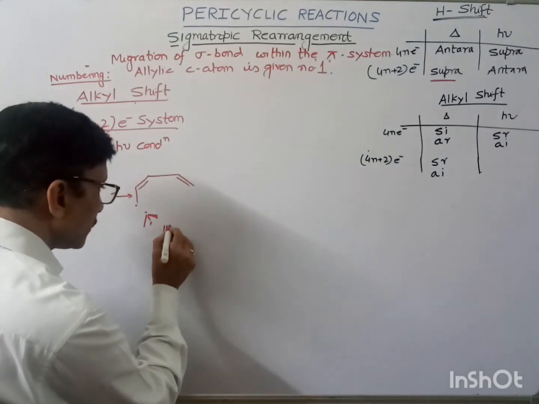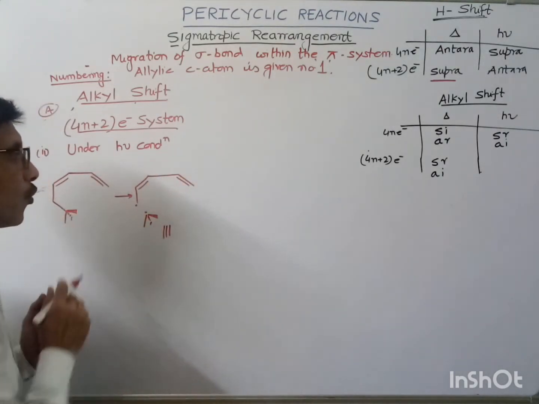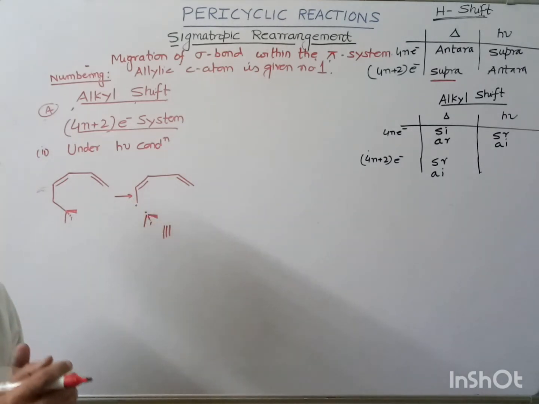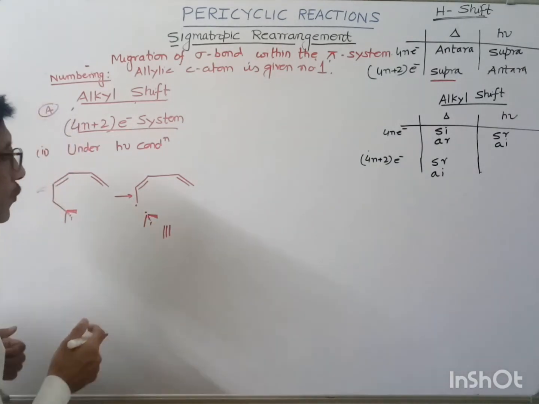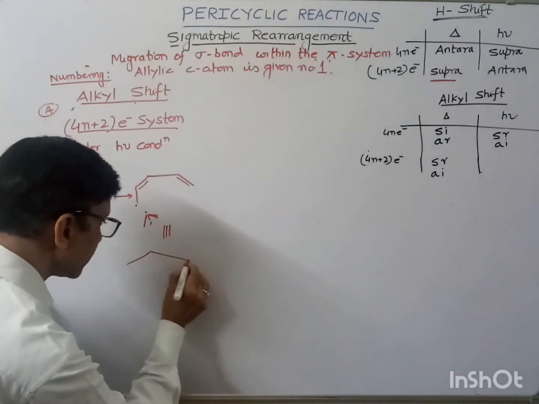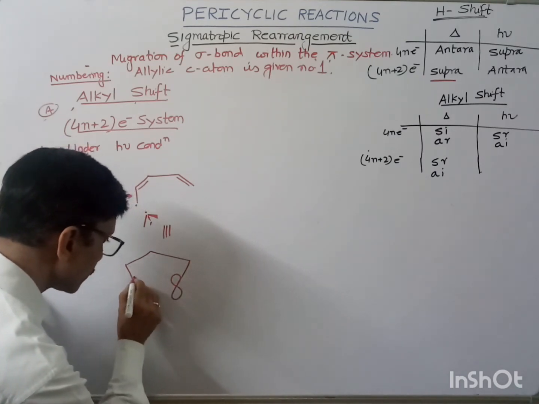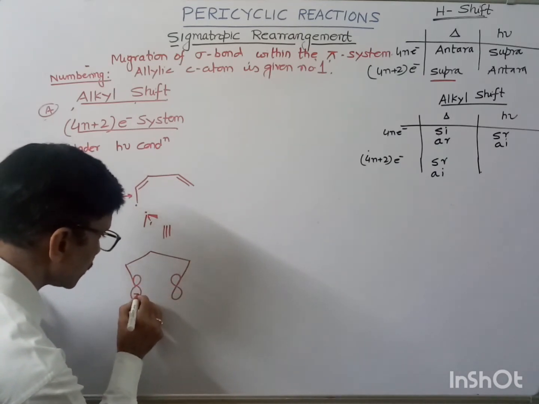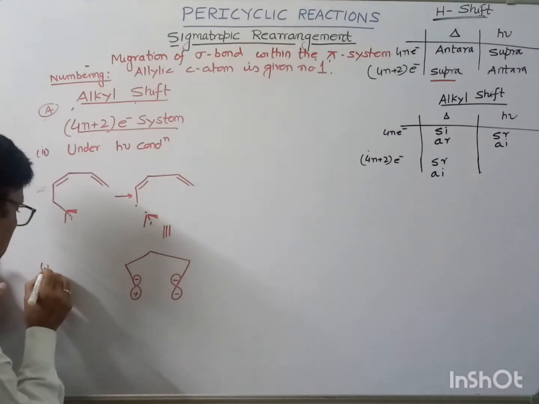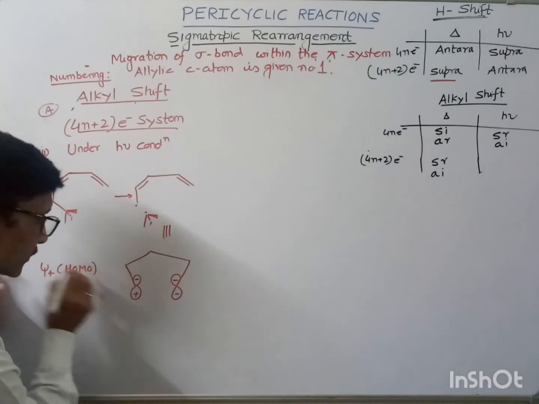Now under photochemical condition, what would be the HOMO for this pentadienyl radical? That would be psi 4. Psi 4 would be the HOMO for this pentadienyl radical, and if you write psi 4, it means positive and negative signs on the orbital lobes. Psi 4 is the HOMO over here.